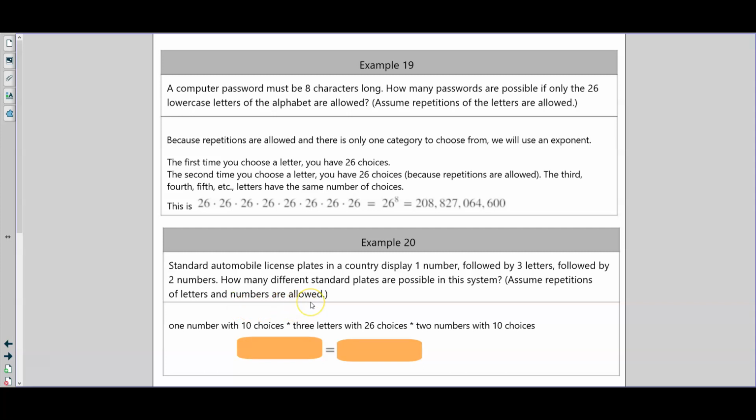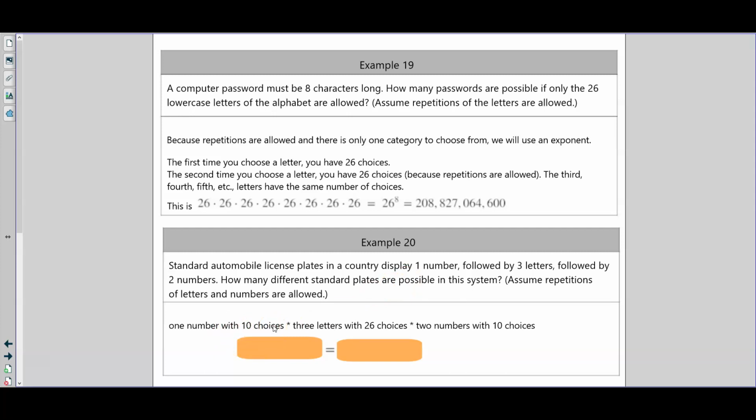Okay, so again, you kind of have to think about how many choices are there for each number and each letter. And so they said the first one is a number, the next 3 are letters, and 2 more are going to be numbers. And for every number, there are 10 choices. And you might go, well, it's just a single digit. How can there be 10 choices?